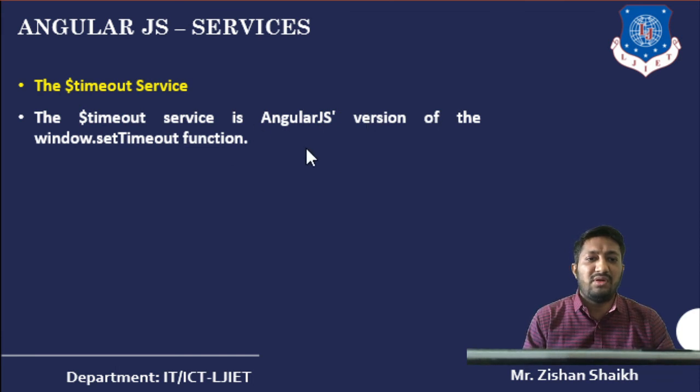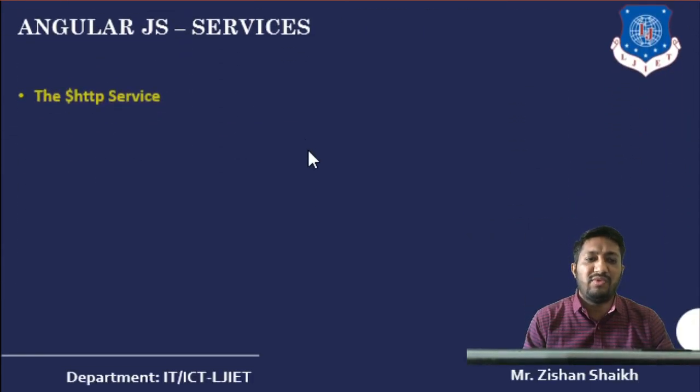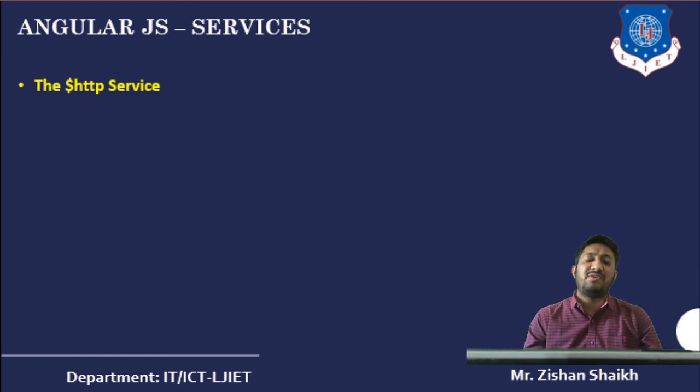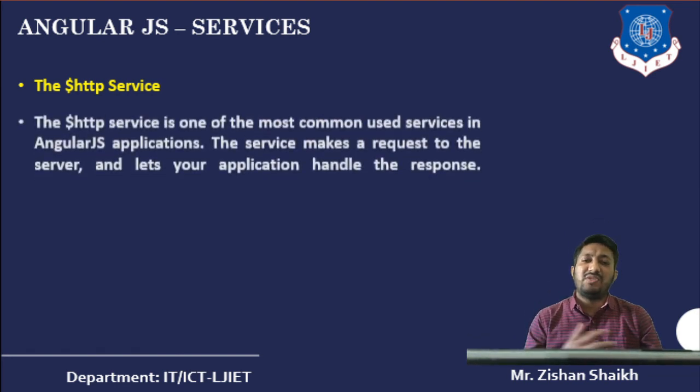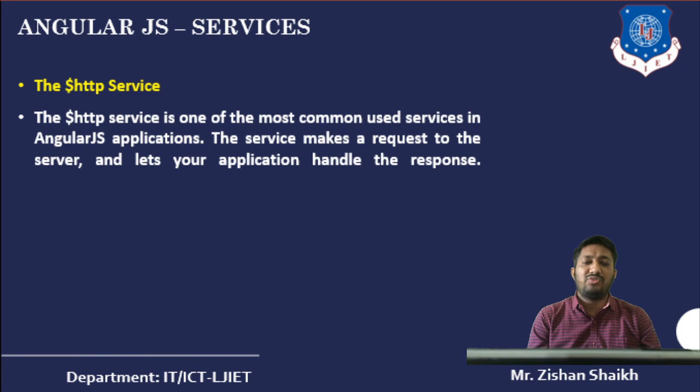And the third and fourth service is all about the HTTP service. The HTTP service is very useful when we are using the concept of request and response. When you are requesting some data that is available on the server, in the response it will give some data.